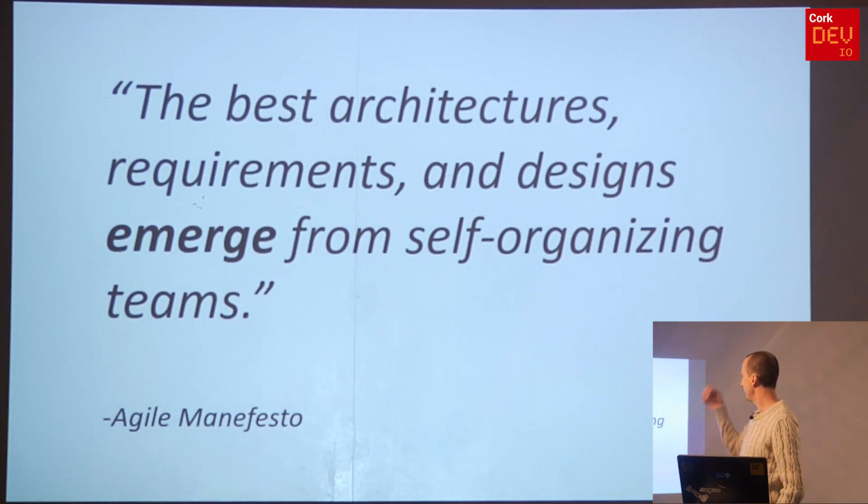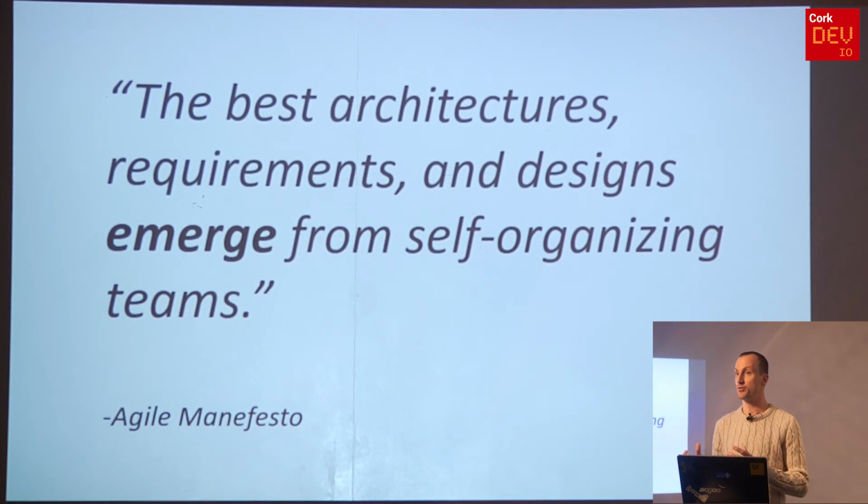And like the Agile Manifesto says, the best architectures, requirements and designs emerge from self-organized teams. So you can't have somebody in an ivory tower coming up with big blueprints and designs and throwing them down to people to build. That just doesn't work. So with evolutionary architecture, the idea is that teams self-form, and there are things you have to keep front of mind so that you can create software that tests and evolves over time.